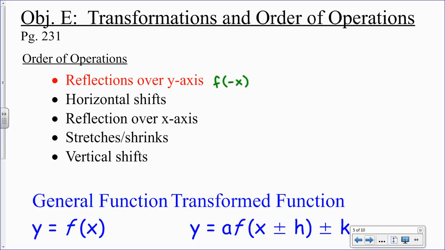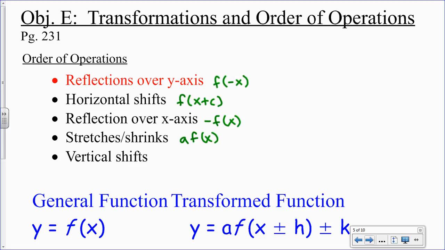Then we have a horizontal shift. So that's when you have something added or subtracted inside. A reflection over the x-axis is the negative out front. Stretches or shrinks has the number out front.